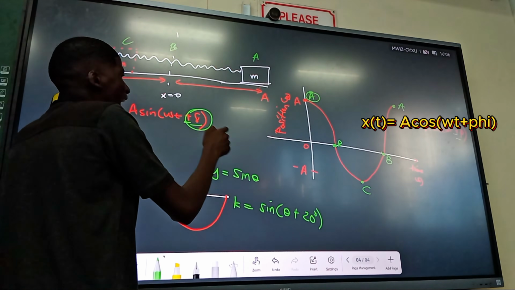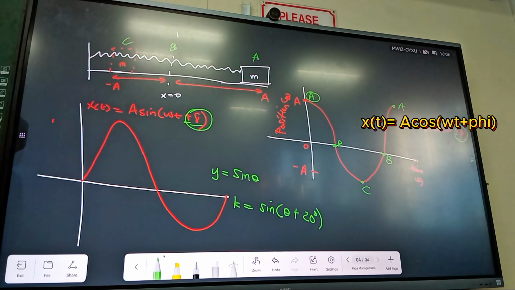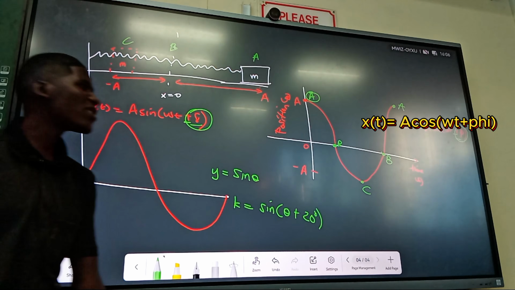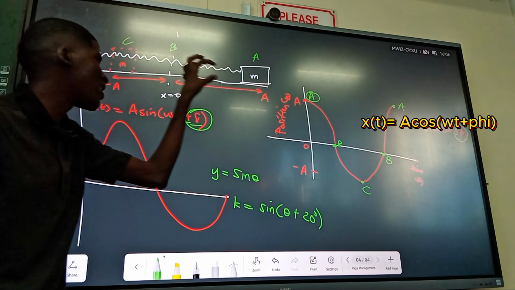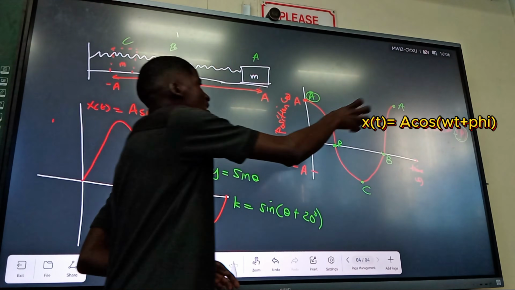So delta and phi have a difference of pi over 2. They have a difference of 90 degrees. Remember, we've said a sine graph changes to be a cosine graph when you shift it by 90 degrees. So you can transform this to be a sine graph, or you can transform this to be a cosine graph.